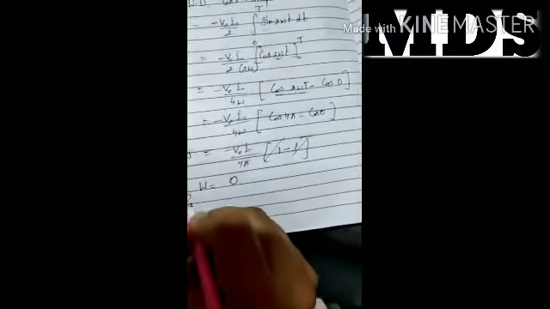So the average power, which is work done per unit time, will be 0. Clear? This is the average power in the inductor. Average power in an inductor is always equal to 0.